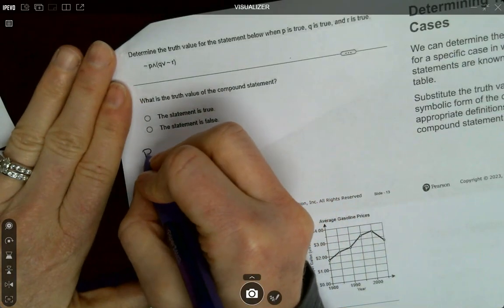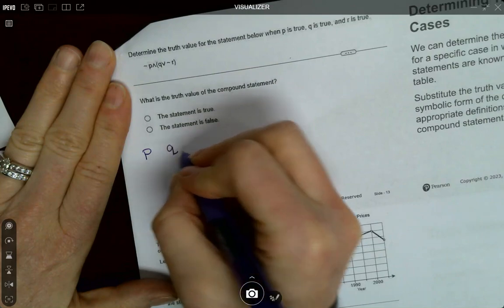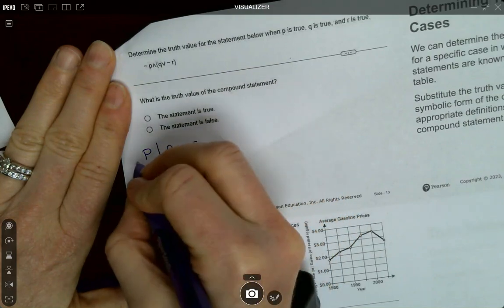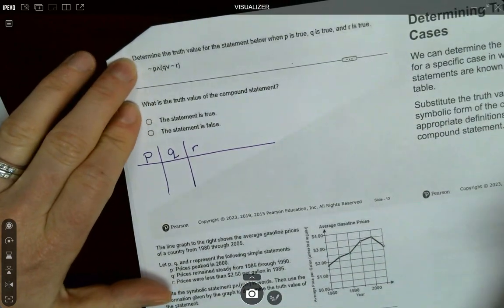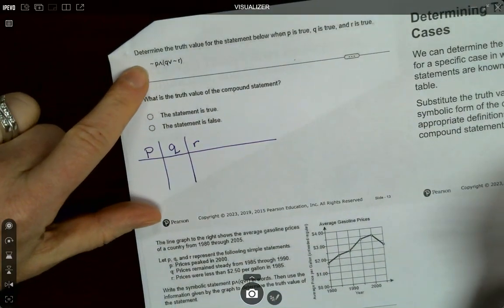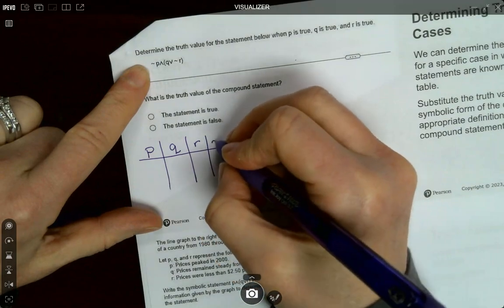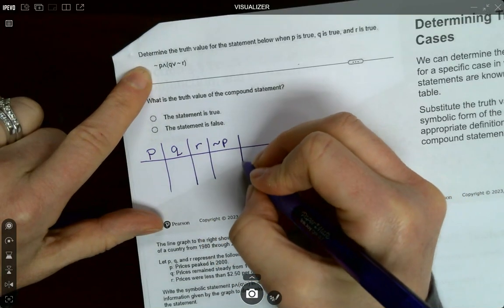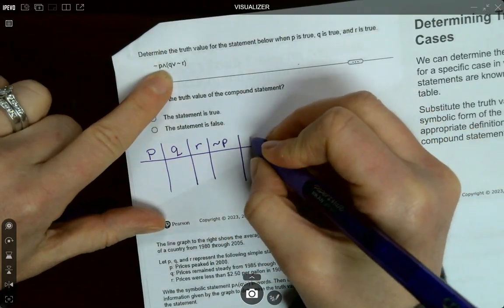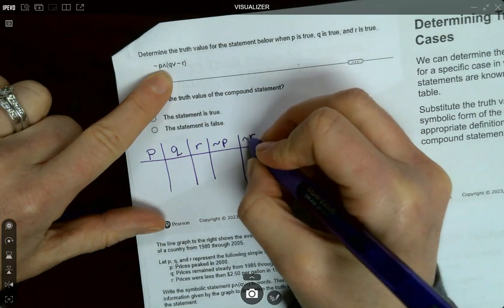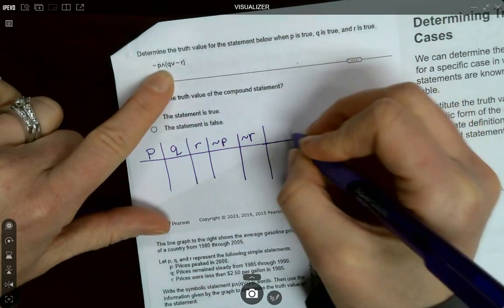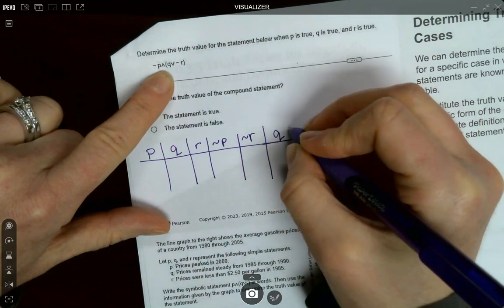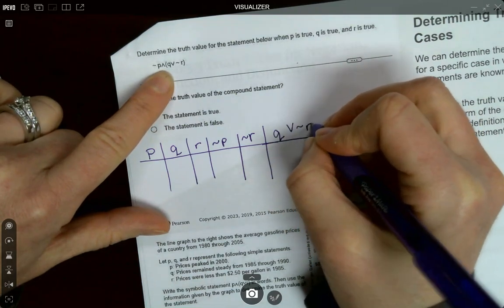So I'm going to do P, Q, and R. And then, because I need a negation of P, I'm going to do negation of P. Then I'm going to do negation of R, because I'm going to need that also. Then I'll do this compound statement, Q or negation of R.